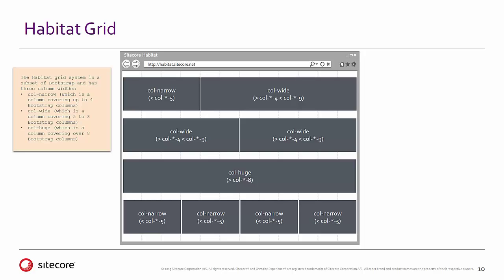That only applies to a wide or a huge column. On the other hand, we might not want to show a left menu or a secondary navigation in a huge column, because it doesn't make sense. That is meant to be in a narrow column. So the way the editor can work with the different components and build up the pages is defined by which components fit in with which kind of columns.